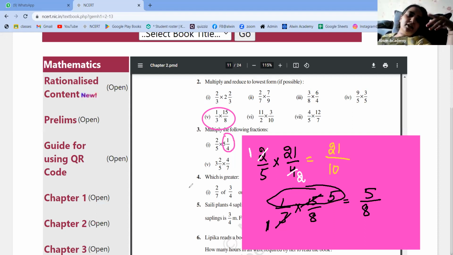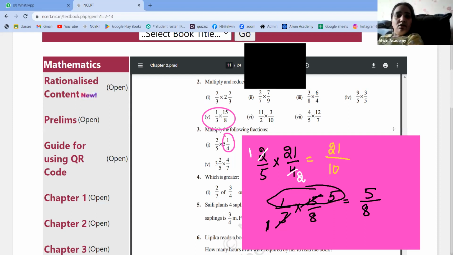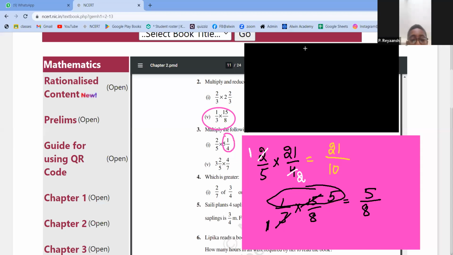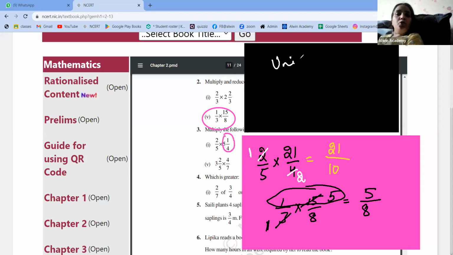If you cut 1 with the table of 1, you will get 1, and if you cut 8 with the table of 1, it is 8 only, right beta? Whenever 1 comes, you can't do anything with it, you can't simplify it further. 1 is already in the simplest form. Ma'am, it's a prime number. Oh, 1 is not a prime number, Riyansh. Actually, ma'am, it's neutral. It's neither prime nor composite. So it's a unique number. We don't call it neutral, we call it unique. Yes, ma'am.